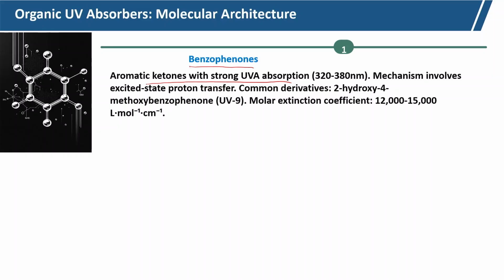UVA absorption is mainly due to aromatic ketones within the wavelength range of 320 to 380 nanometer, and the mechanism involves excited state proton transfer. A common derivative is 2-hydroxy-4-methoxybenzophenone, which is also known as UV 9.